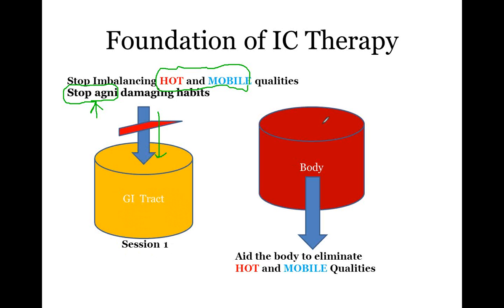But now we want to go a little deeper into how we can augment these habits to help us along, so that we're free to release the hot and mobile qualities as well as ama in the system.